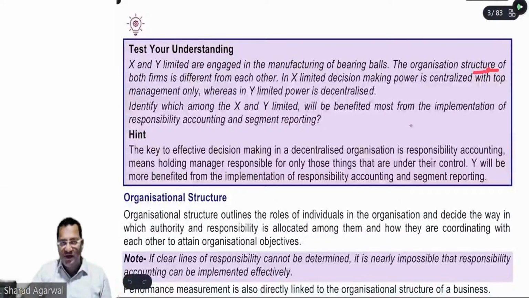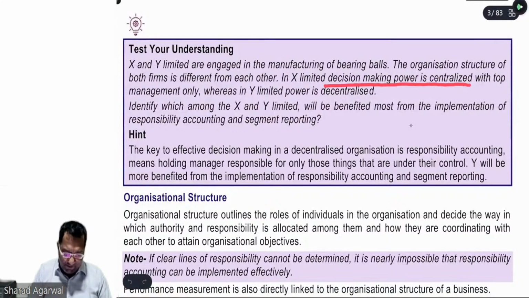In X Limited, decision-making power rests with the strategic level of management, while in Y Limited it is decentralized. You only have to identify which among X and Y Limited will be benefited more from the implementation of responsibility accounting, which will work only and only in a decentralized environment.